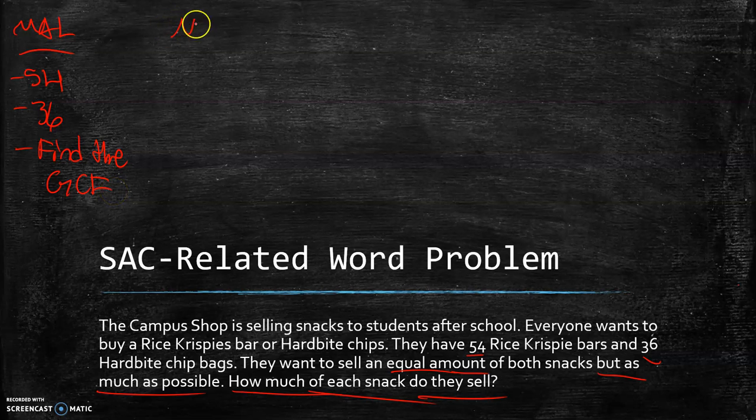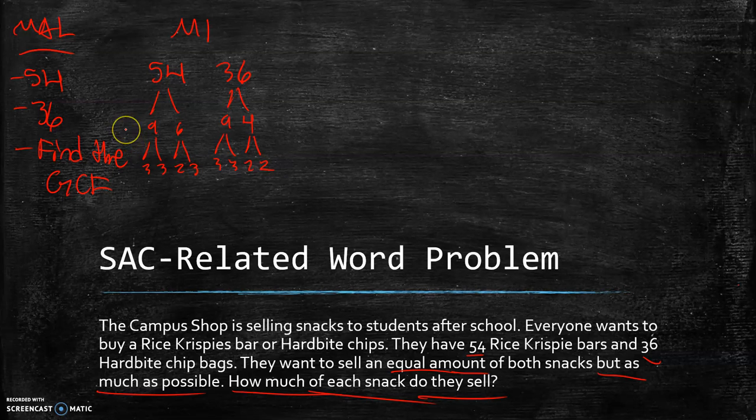You do method 1, which is you would factor 54 and 36 until you have prime factors. So 9, 6, 3, 3, 2, 3, 9, 4, 3, 2, 2.